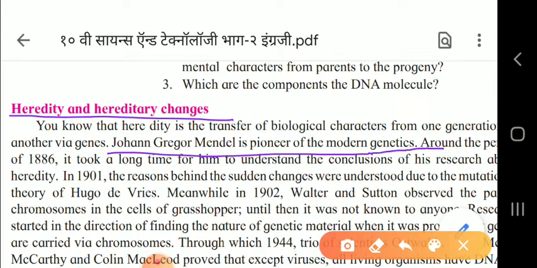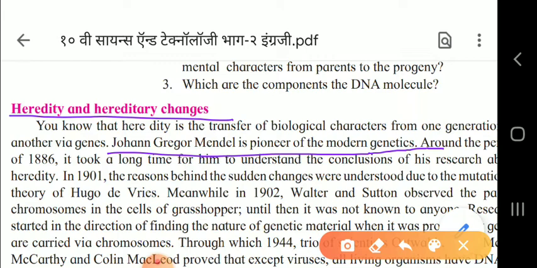Now, around the period of 1886, it took a long time to reach a conclusion on his research. In 1901, Hugo de Vries understood the reason behind the sudden changes, and these were due to his mutation theory.